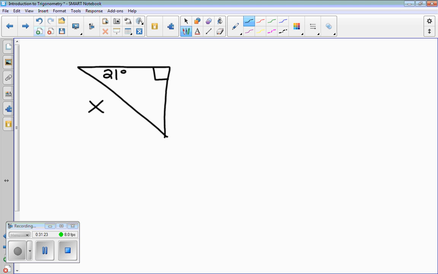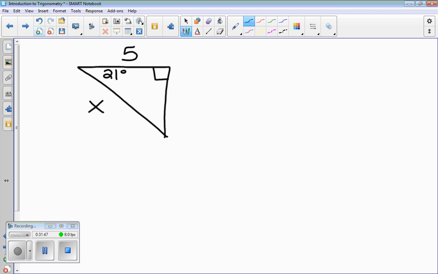This angle up here. And I know that the one side would be 5, making up numbers. And we want to be able to find x. Before I begin, I need to label my triangle as O, H, and A. So 5 is the what?